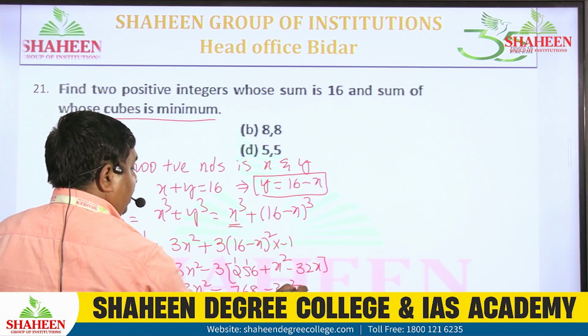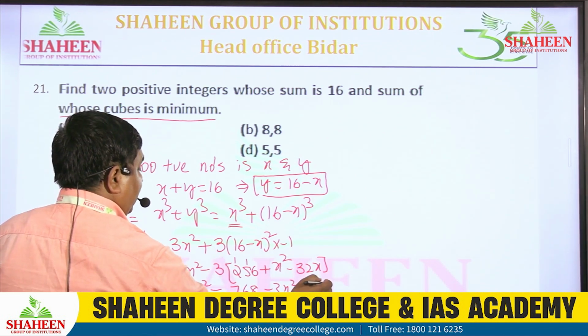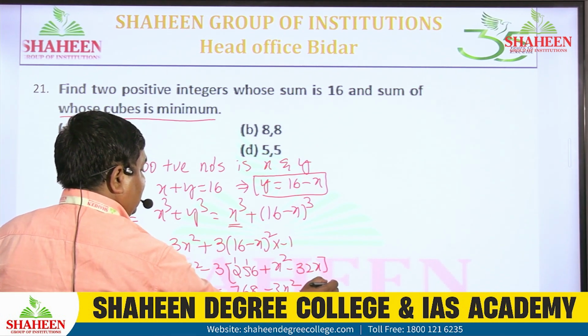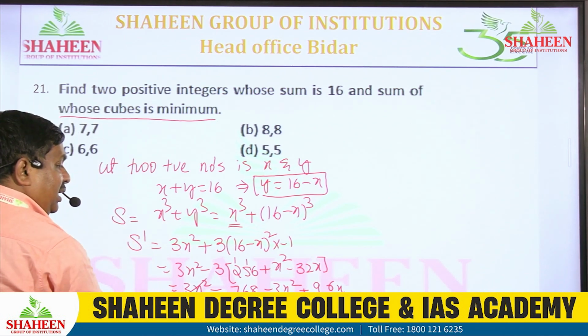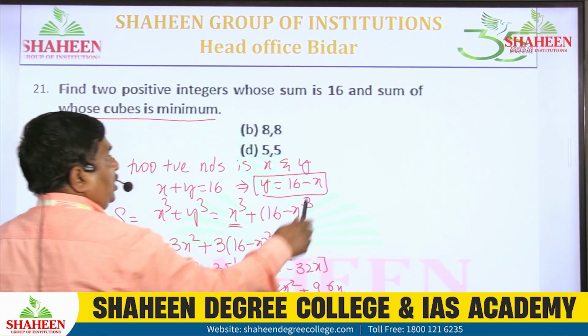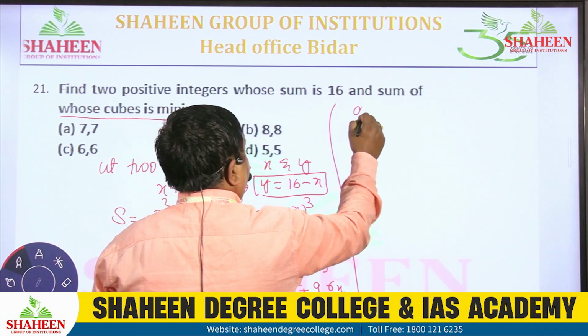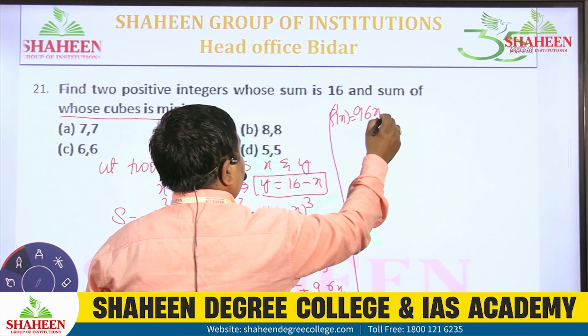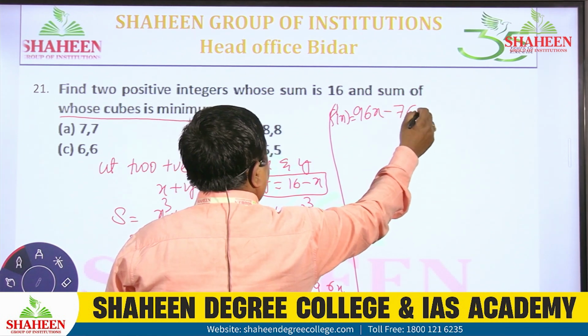Minus into minus is plus, 3 into 32 is 96x. So 3x square minus 3x square cancel. What is f dash of x? That is 96x minus 768.